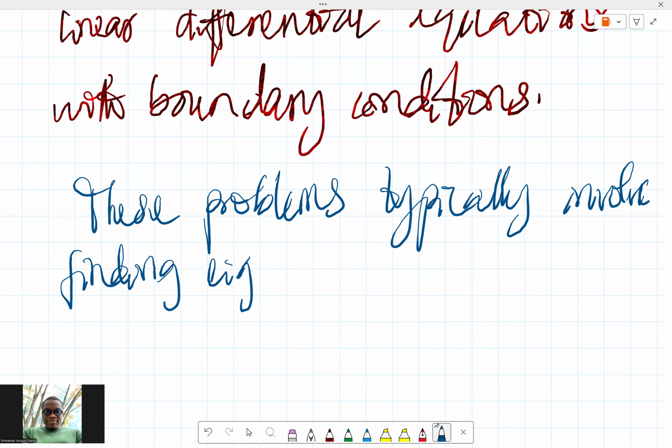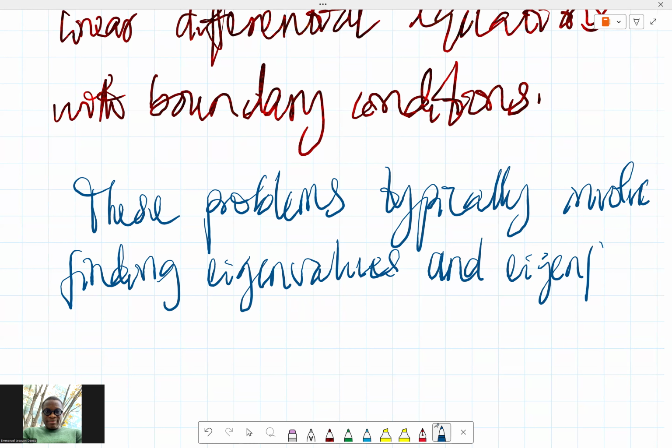eigenvalues. Interestingly, we're back to eigenvalues and eigenvectors. I had a sub series in this playlist where we were talking about eigenvalues and eigenvectors all the way, and we saw some of the applications. So here again we have this under boundary value problems. These problems typically involve finding eigenvalues and eigenfunctions, which may be analogous to eigenvectors, right?